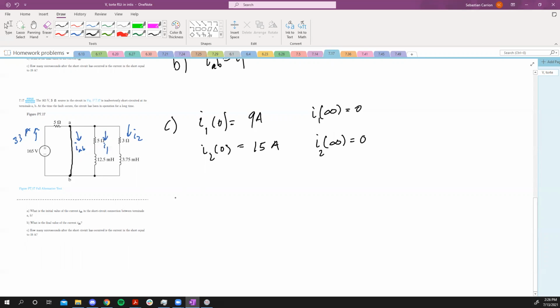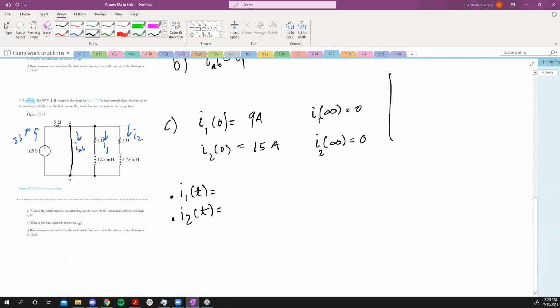So we want to find the function of time for each current going through I1 and I2, each of these inductors.